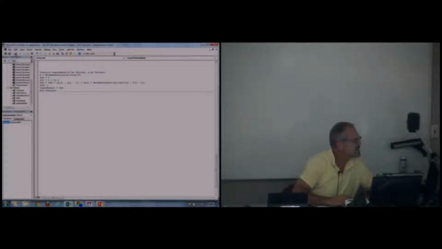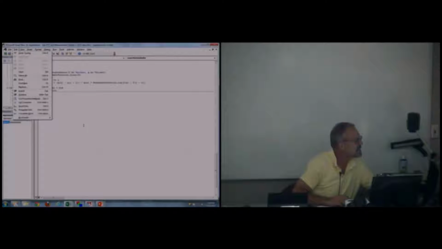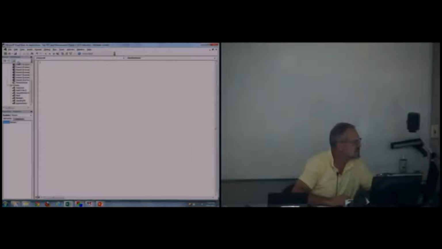So what you probably want to do is do File, add a module. Right here. Insert a module. When you insert a module, it'll be called Module 1. And if your Properties window's open, you can rename your Module 1 Superposition.